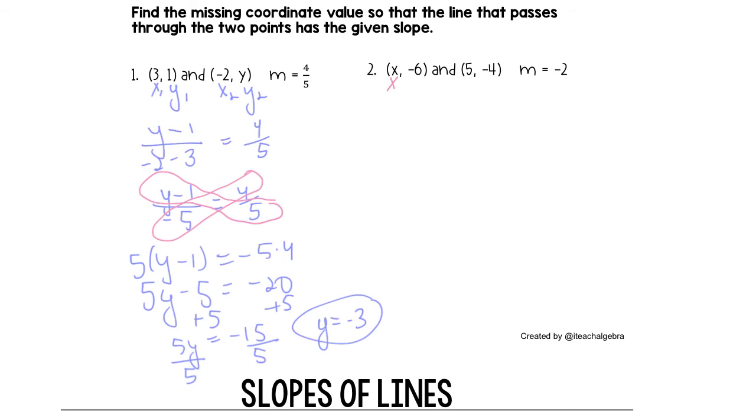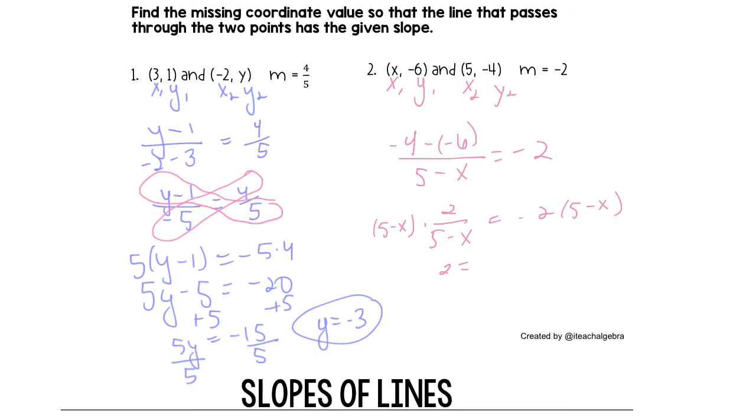We can label our points, x1, y1, x2, y2, and we have m. So y2 minus y1 divided by x2 minus x1 equals negative 2. Simplify where we can. Negative 4 minus negative 6 is negative 4 plus 6. So that turns into 2 over 5 minus x equals negative 2. We need to get x out from the denominator, so I'm going to multiply both sides by 5 minus x.